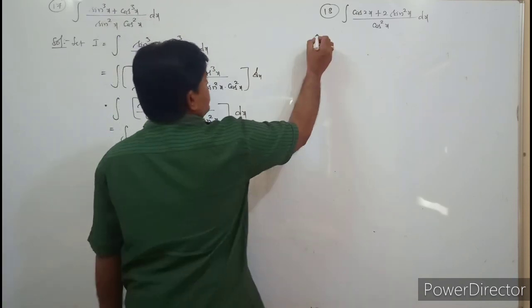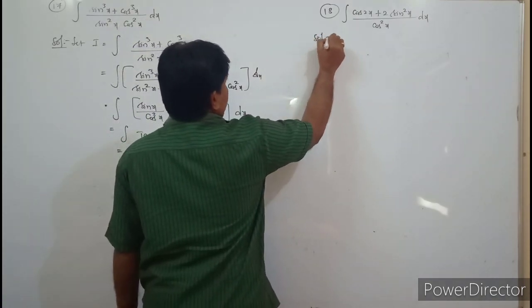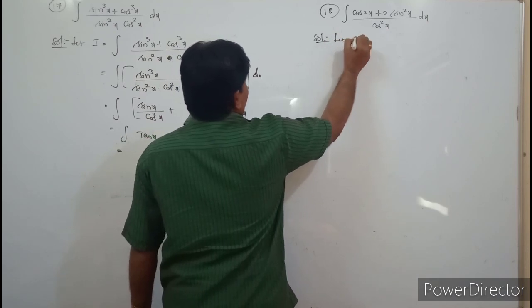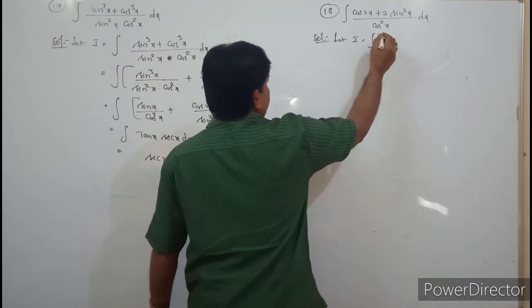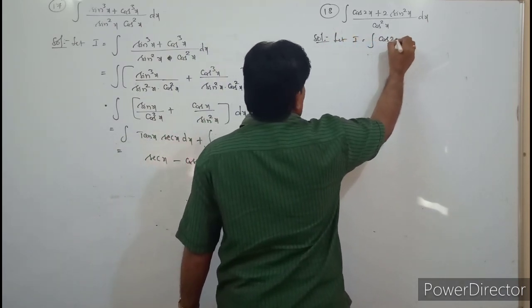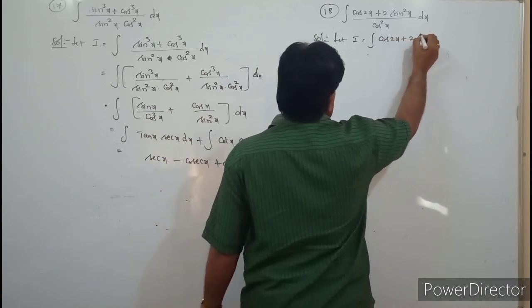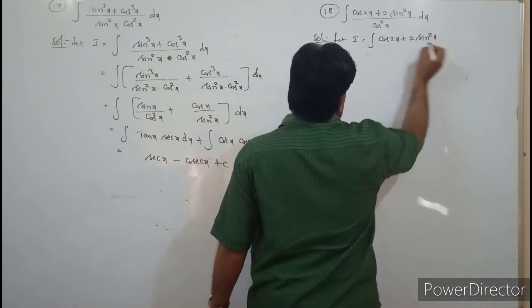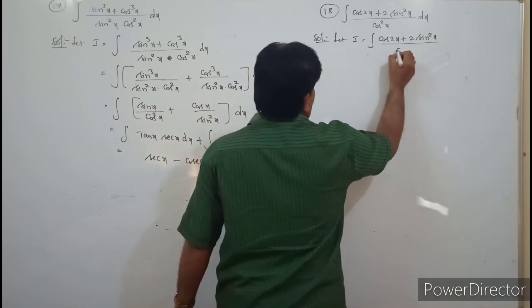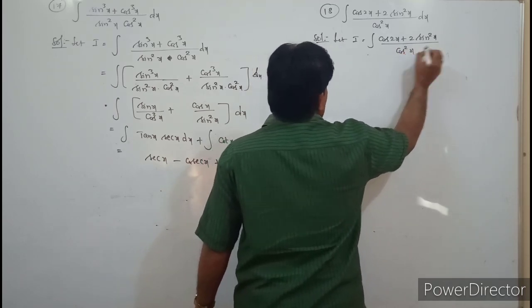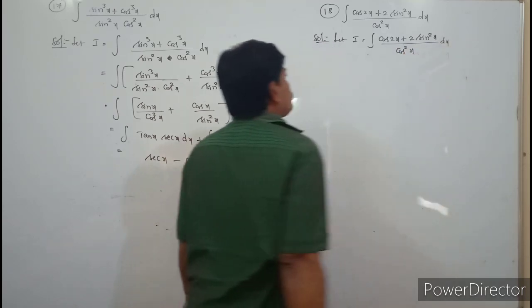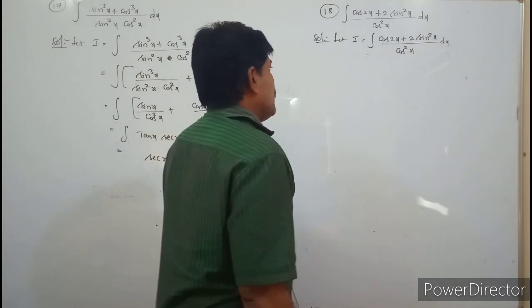So see that problem, students. See the solution. Let I is equal to integral of cos 2x plus 2 sin square x by cos square x into dx. So already I know the formula.